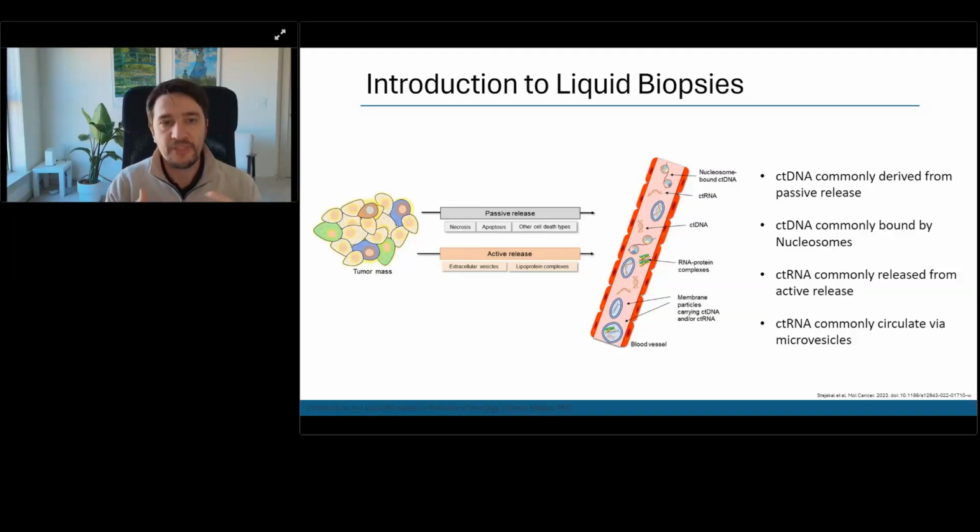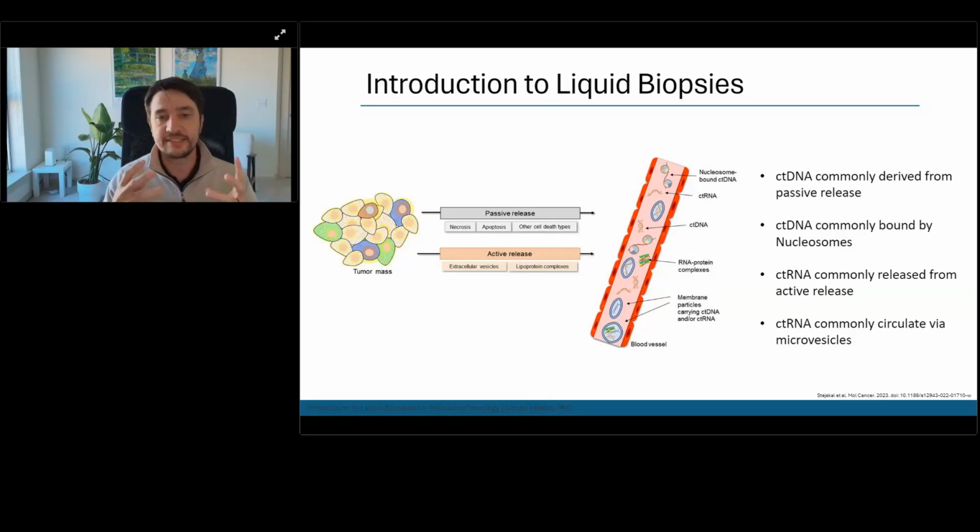And this is really important because this means that we have a huge plethora of different tumor-derived material in, for example, in this case, the bloodstream, that we can really analyze to gain insights into the processes within the tumor. While there are many other entities, circulating tumor cells, for example, or extracellular vesicles, I will try to focus my presentation today on two very important entities, which are circulating tumor DNA and circulating tumor RNA.